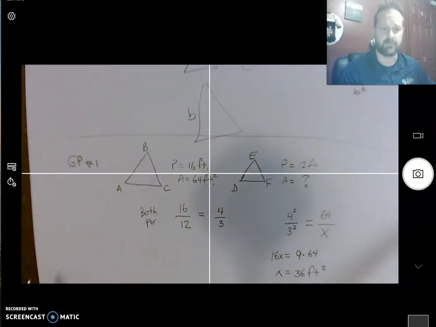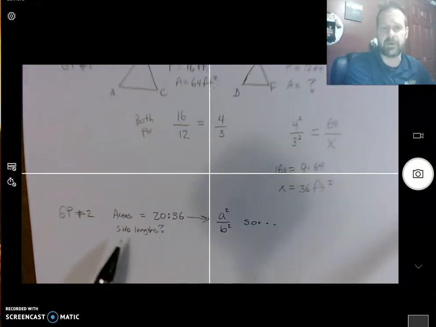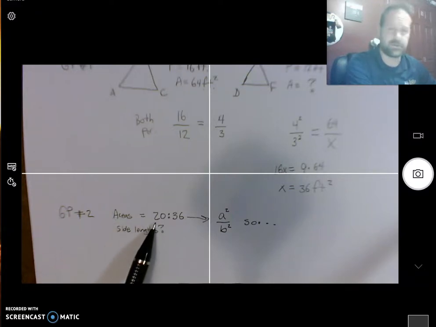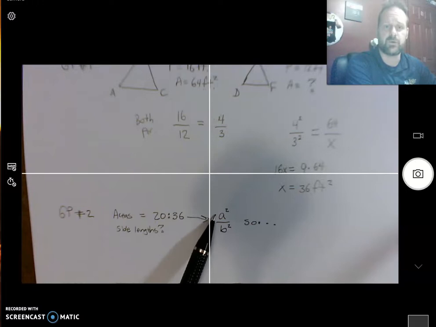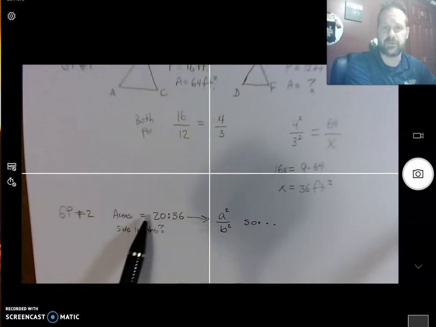So bear with me. Okay, so you've taken a look at guided practice number 2. It says the ratio of the areas is 20 to 36, and we're asking for what is the ratio of the side lengths. So essentially, using variables here, this is a squared over b squared. Remember, with this colon, we can represent it with a division like this, or we can use the word "to", but I'm going to go ahead and represent it as division.